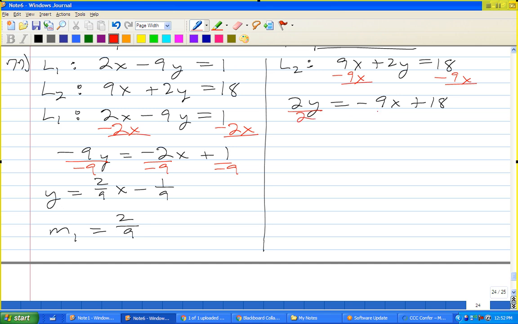Divide both sides of my equation by 2. And so y is equal to negative 9 halves x plus 9. Therefore, the slope of the second line is negative 9 halves.